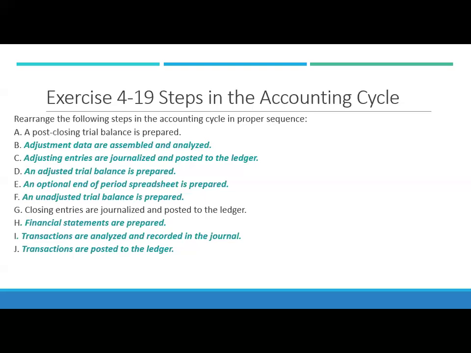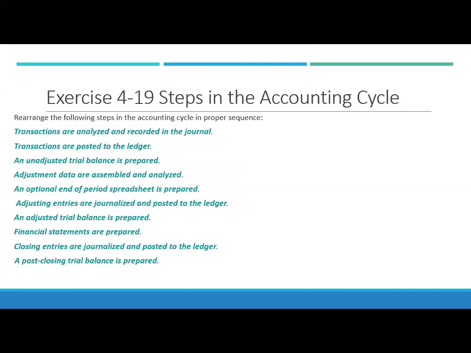Then financial statements are prepared, closing entries, and a post-closing trial balance. This is the order that everything is done in, and this is absolutely a valid quiz question. So you can take a picture of it if you would like, because there could be a question that says, make sure to order these properly.